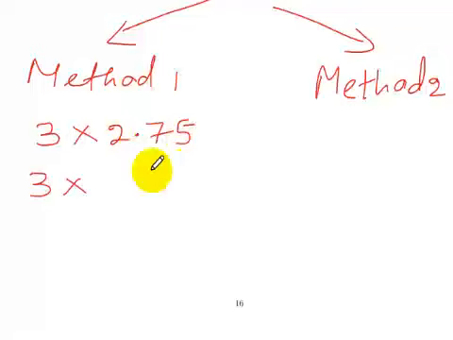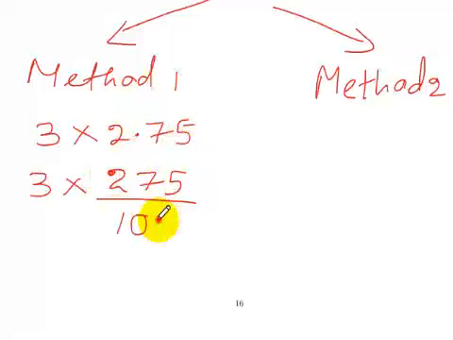So if you take this whole value, 275, and divide it by 100, since there are two decimal places, you get the same answer. For example, if you divide 275 by 100.